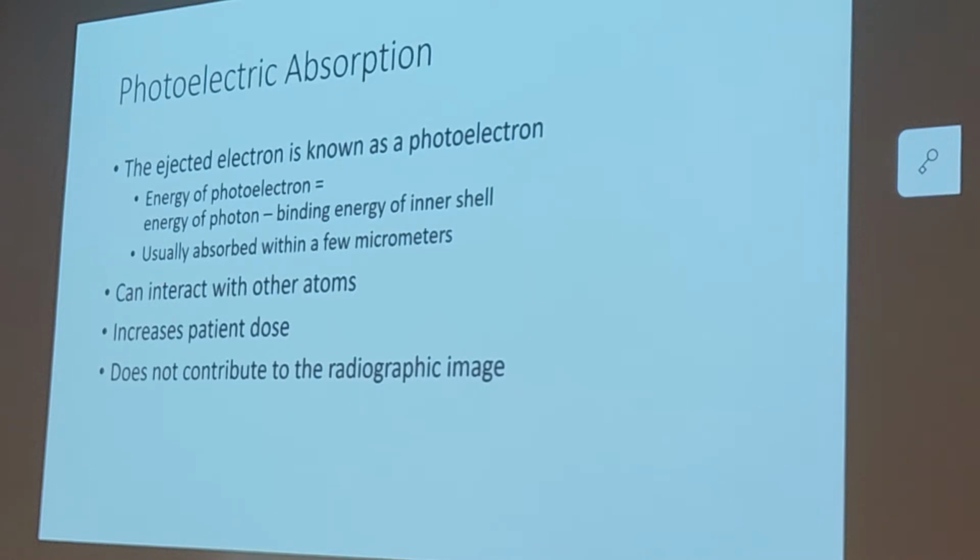This does not contribute to the radiographic image, because all of it gets absorbed. Unlike Compton, where not all of it gets absorbed, which leads to fog. Since it's all absorbed within the body, it's not able to cause any misleading image information.